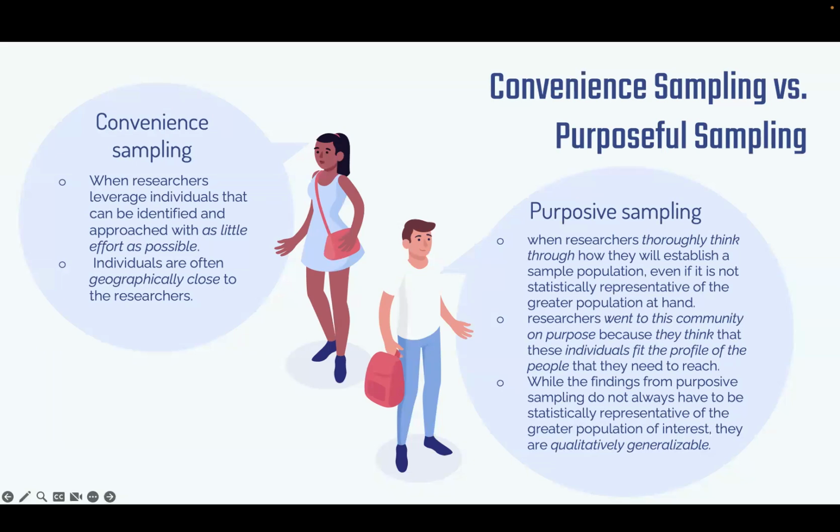While purposive samples may not statistically mirror the broader population, they offer meaningful, context-rich insights. In conclusion, both methods serve different purposes for research. Convenience sampling offers a quick and straightforward means of collecting data, while purposive sampling allows for focused exploration of specific phenomena within a target group.